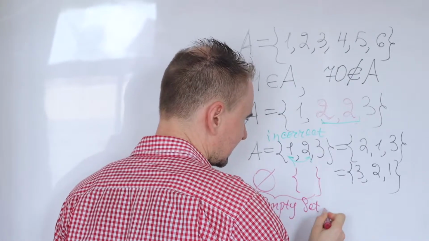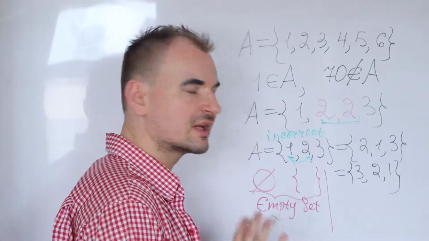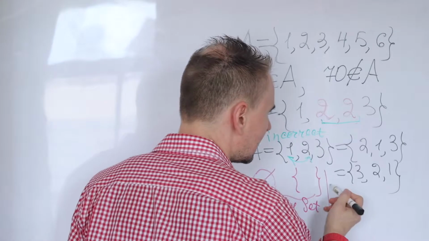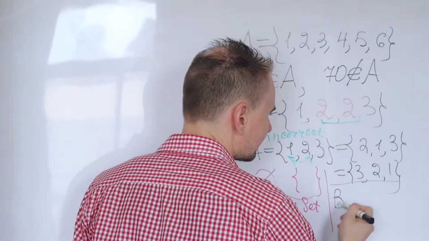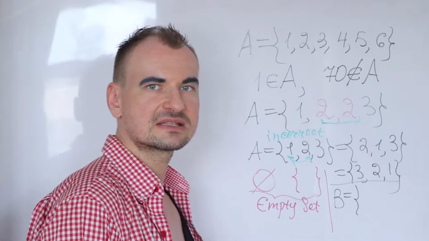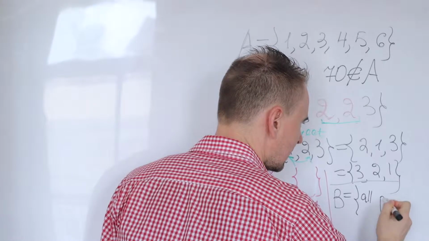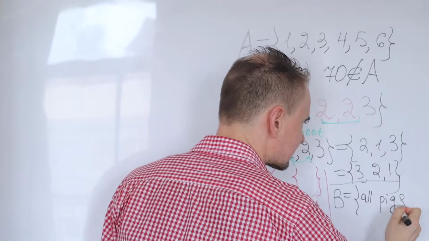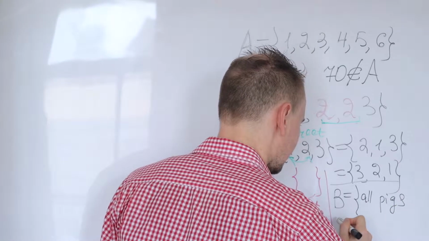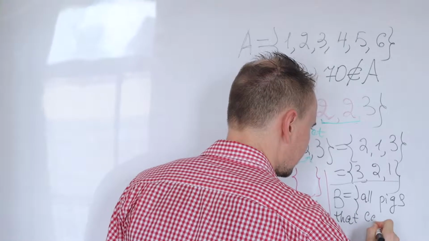So it's the same thing for representing the empty set. And talking of the empty set, I want to give you just a quick example on this. Let's say you have B that has the elements all pigs that can fly.